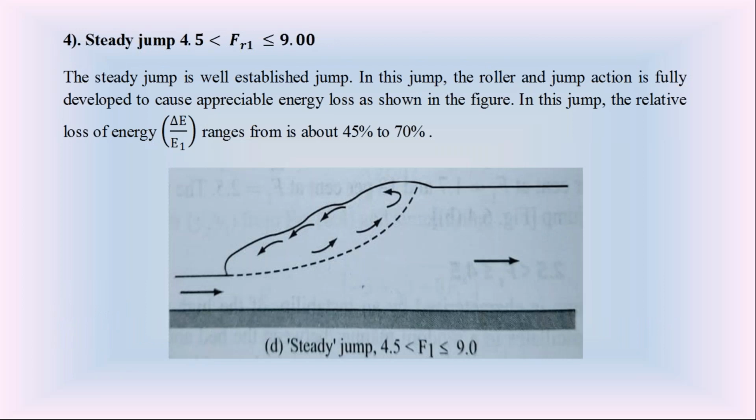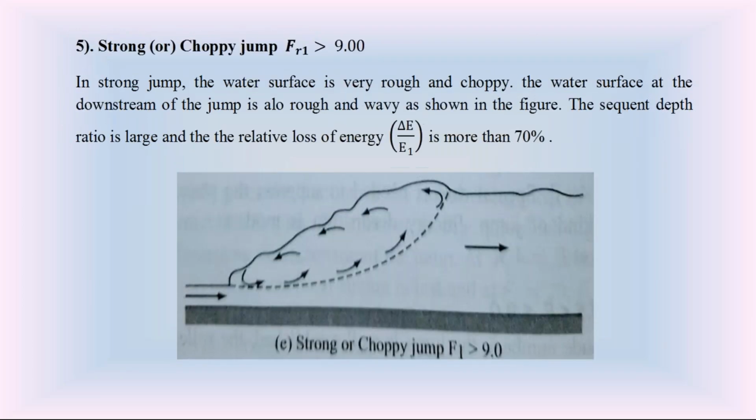Then the last one is the strong hydraulic jump, especially when a large quantity of water is released from dams. The Srisailam Dam has 14 gates. If all the gates of Srisailam Dam are open, a large amount of water comes to the downstream side.